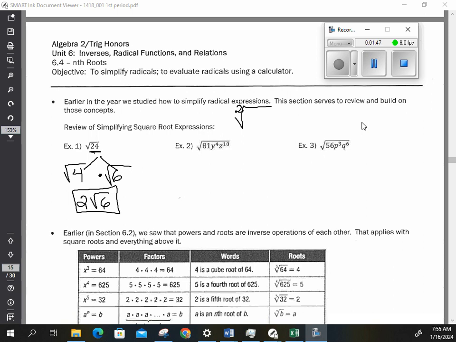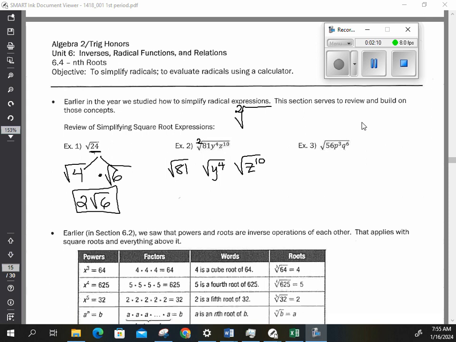Now, for the number, it doesn't affect anything. So we're going to take this and separate it. So this is square root 81, square root y to the 4th, square root z to the 10th. Best way to understand it is to see it separated.